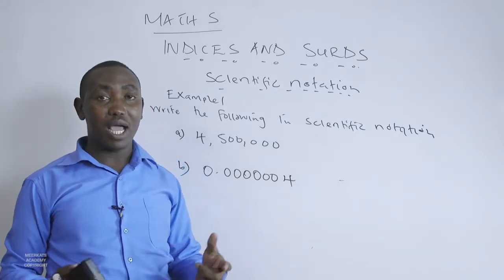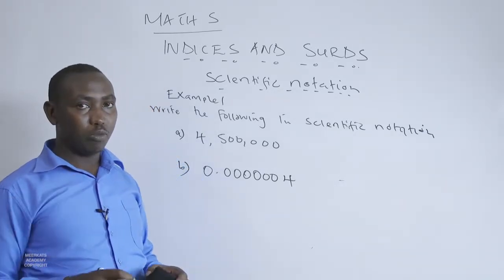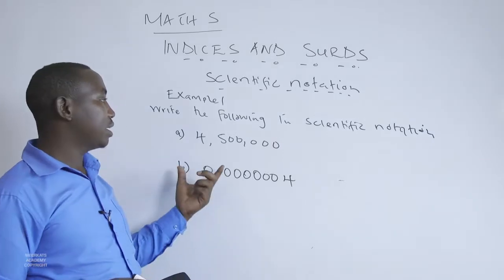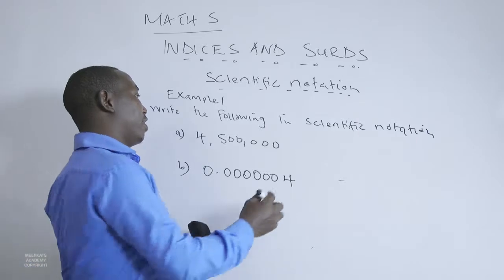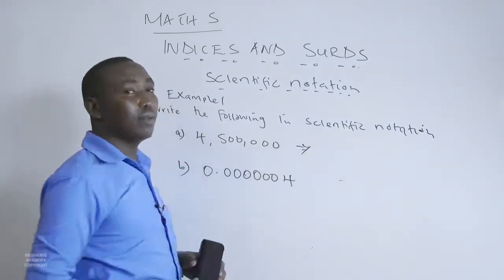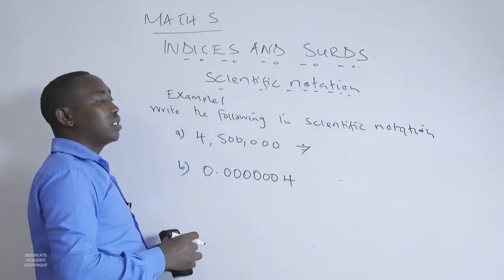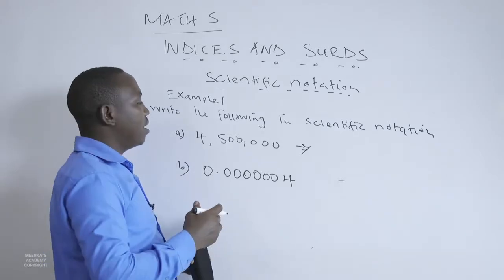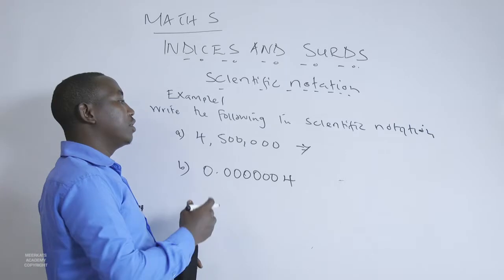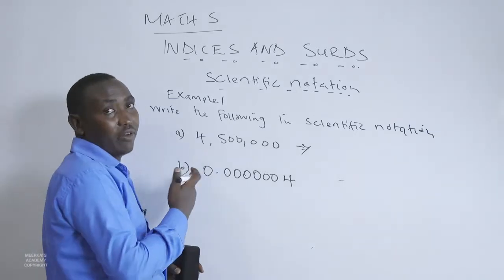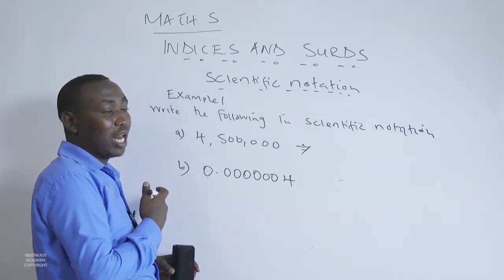One of them is very large, one of them is very small, and we need to express them in scientific notation. Now for the first case, we said you count one value after the first non-zero value. Values are normally read from the far left.